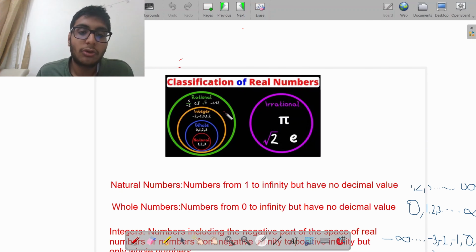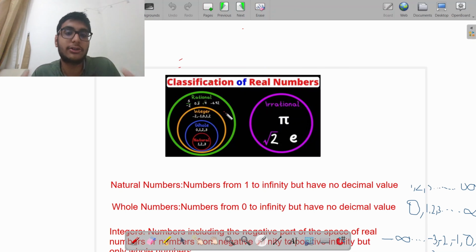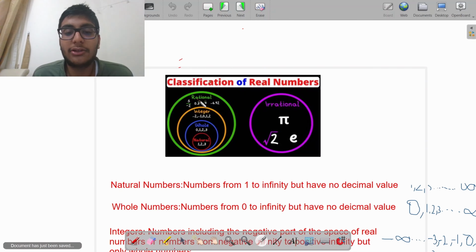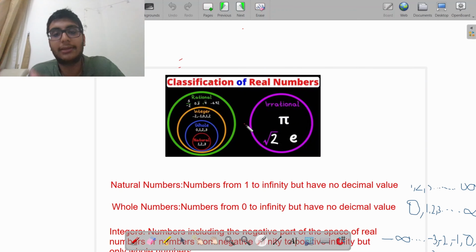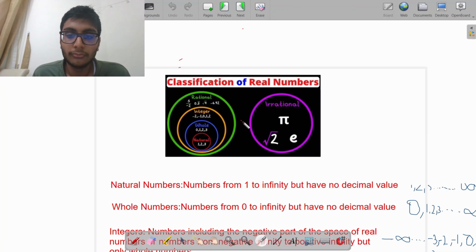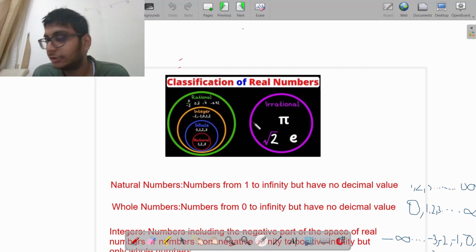Whole numbers only take in a smaller part of integers, but integers are also a part of rational numbers. So whole numbers are also considered rational numbers, but when we restrict the space to make it much smaller, to only include a finite number of objects or numbers, same with natural numbers. But irrational numbers are a different case and are not included in rational numbers, and that's separate. And they have no connection between them.